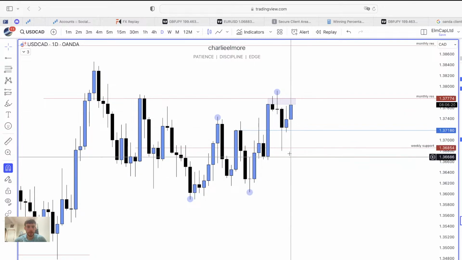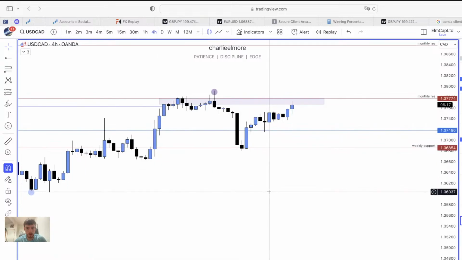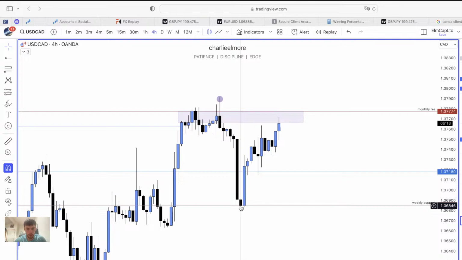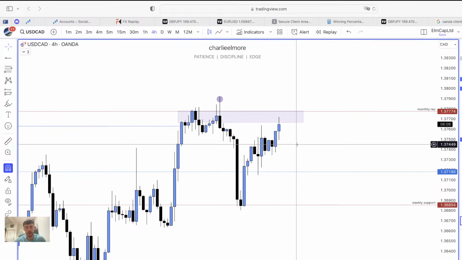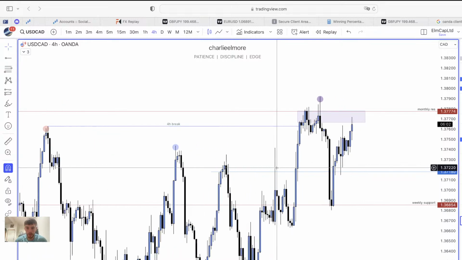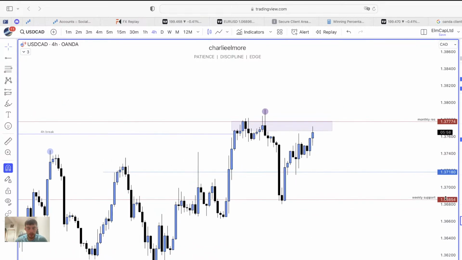And going into this daily support, you can see here on the 4 hour, as price moved away from this weekly area, it was then dragged back down to this daily area, and then price moved away. So you can see again how using this methodology of marking up the charts can really paint a clear picture, because you're basically taking the higher time frame levels of support and resistance.